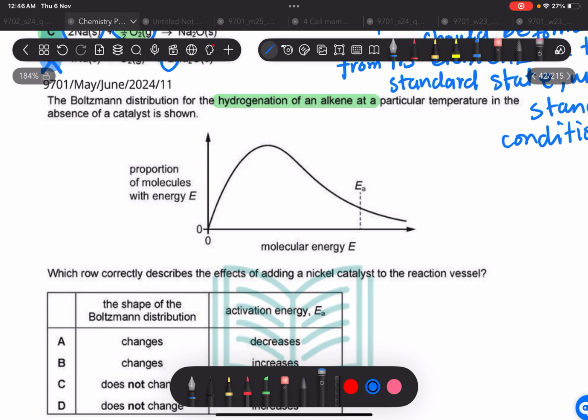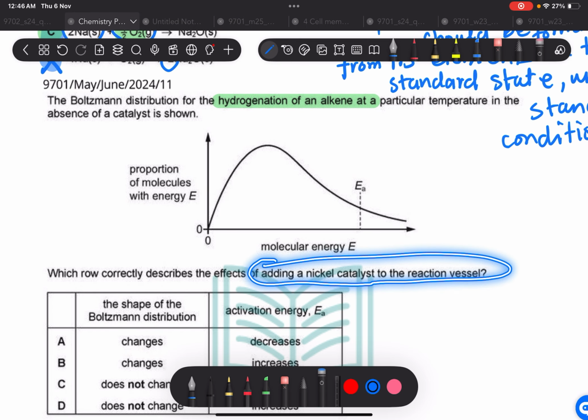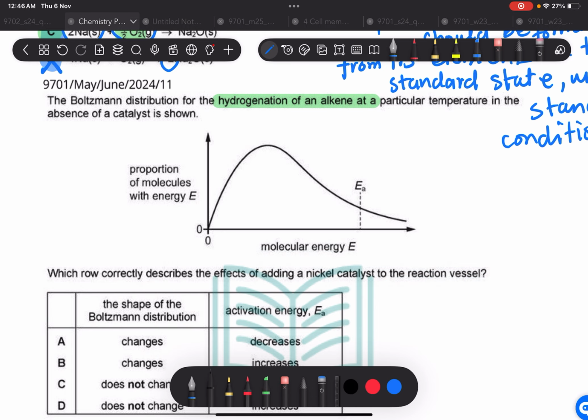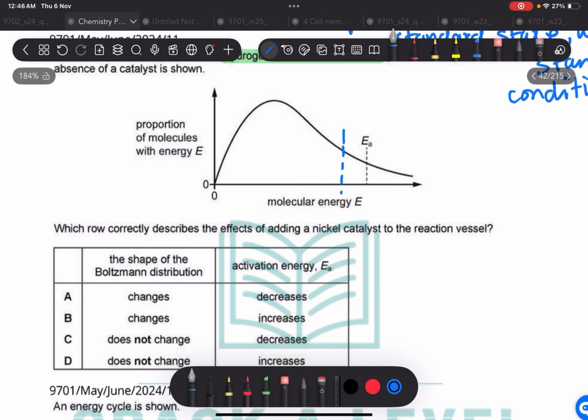So which row correctly describes the effects of adding a nickel catalyst to the reaction vessel? So what will happen? This arrow that is right now over here is going to move backwards, so it's probably going to be somewhere here. So the shape of the Boltzmann distribution is not going to change. This curve remains the same.